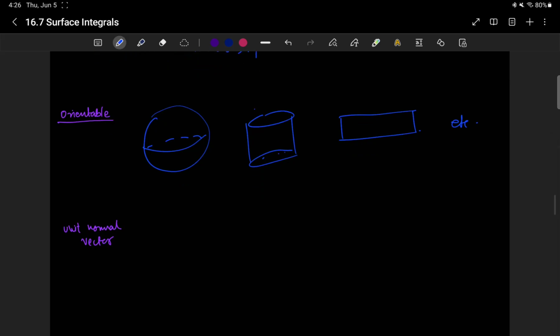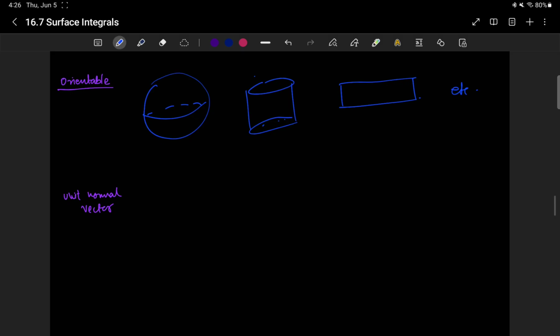Now we do need a more mathematical definition, and the mathematical definition is created using the idea of a unit normal vector.